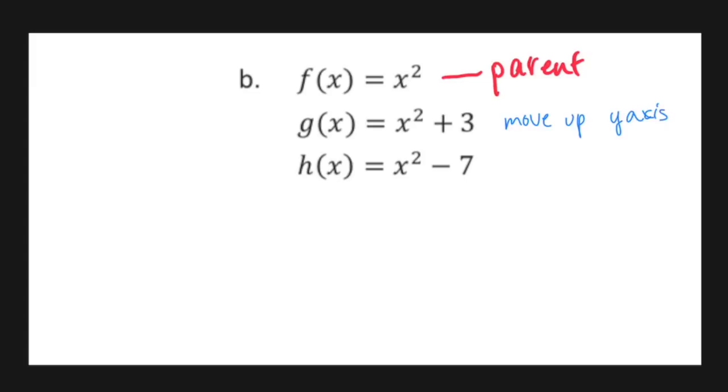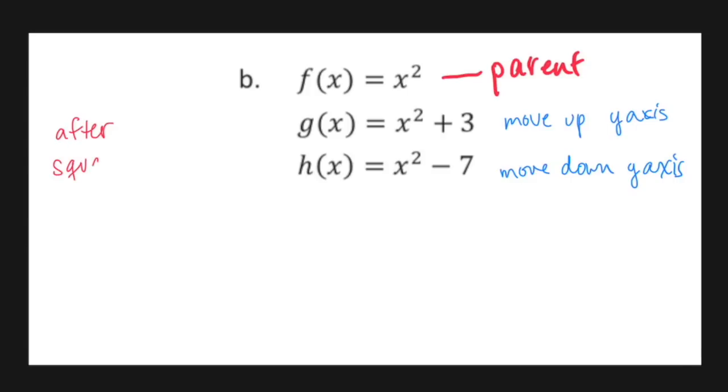And of course, if you remember correctly, this would be a graph for g of x that moves up the y-axis 3 units, and h of x is going to move down the y-axis 7 units. So it's a vertical change. It's moving up and down, and that's what's happening here.